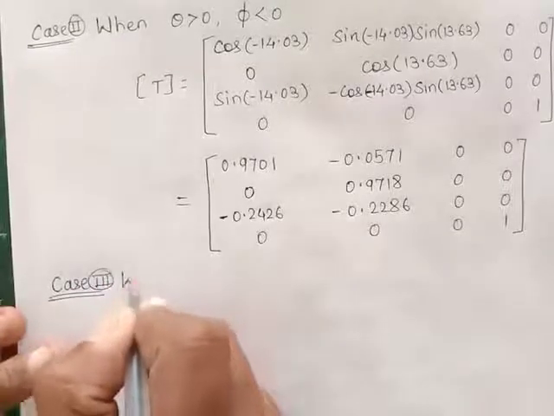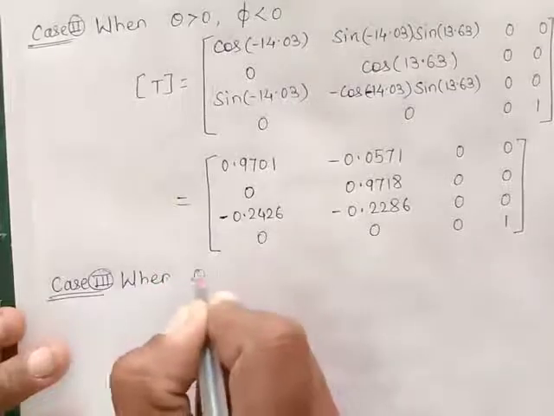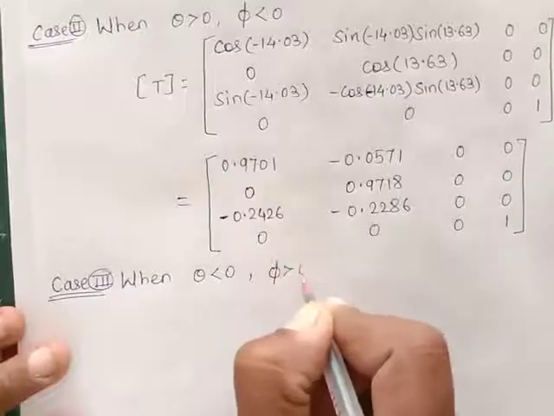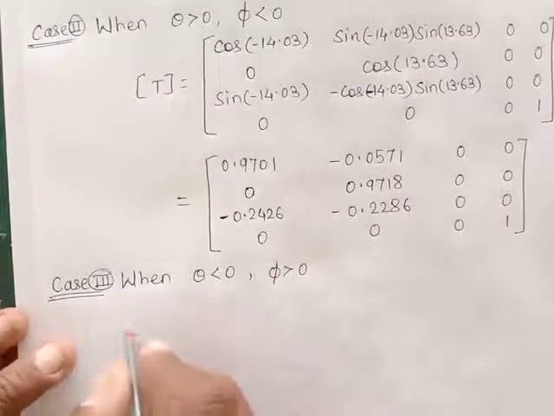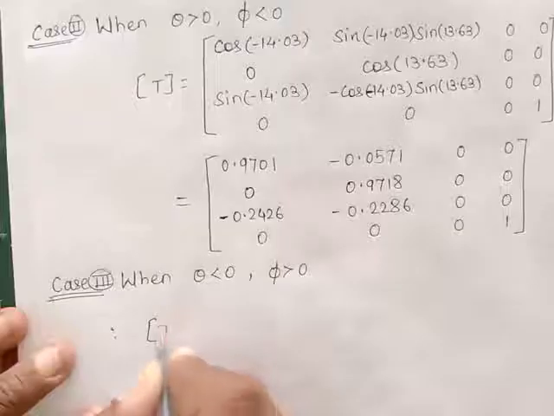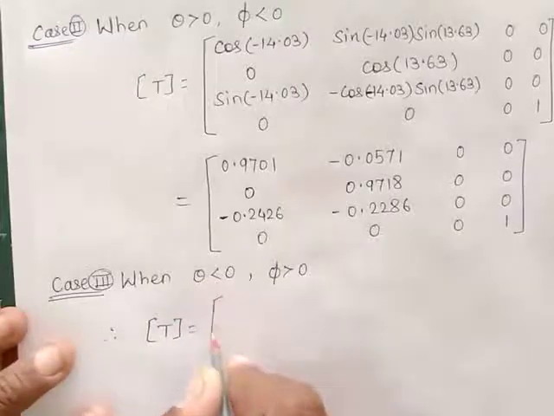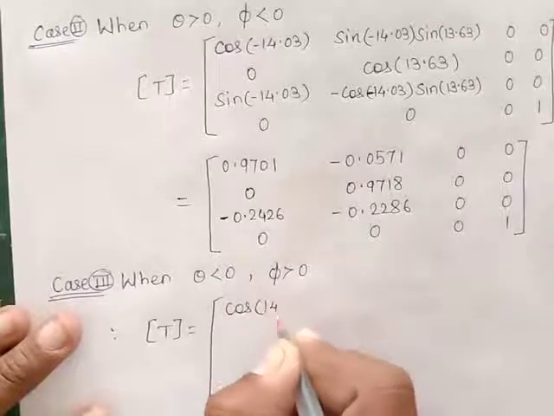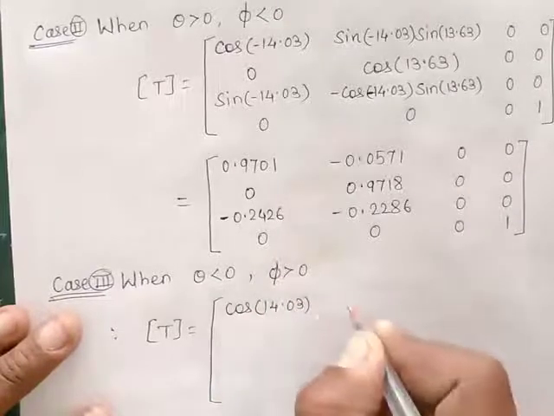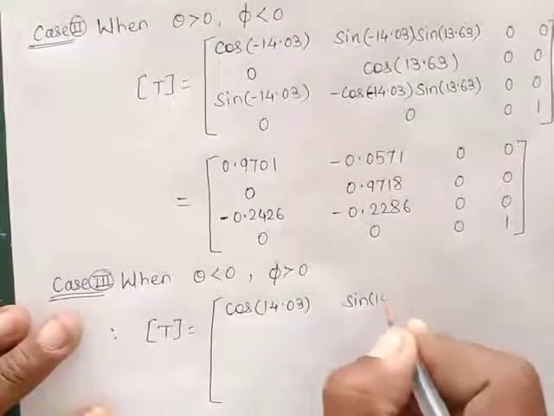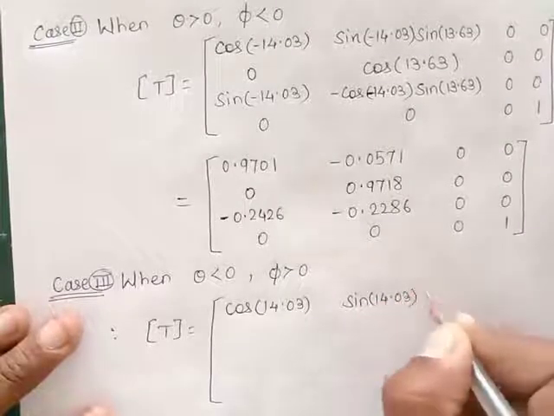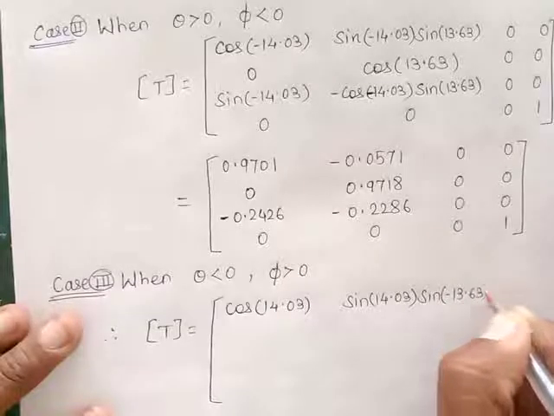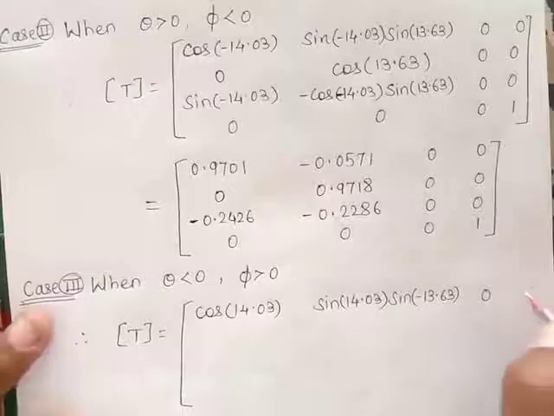Case 3, when theta is negative and phi is positive. Therefore, what is T in that case? Theta negative, so T is cos of 14.03, sin of 14.03 into sin of minus 13.63, 0, 0, right?